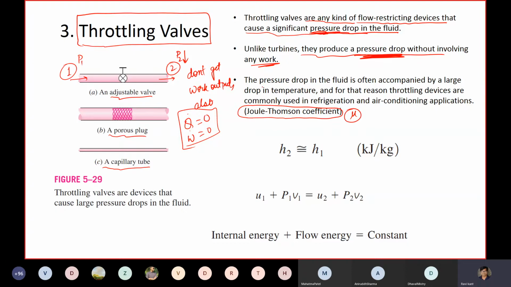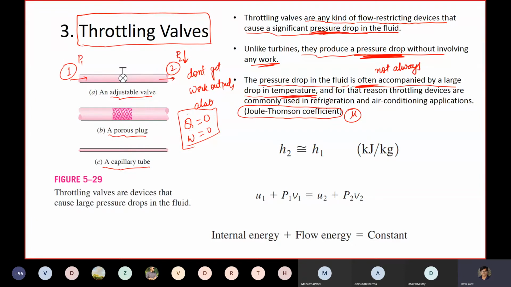And this process also accompanies one more important criterion, that the pressure drop in the fluid is often accompanied by a large drop in temperature. Actually, it's often, not always. But in general, it accompanies a large drop of temperature.